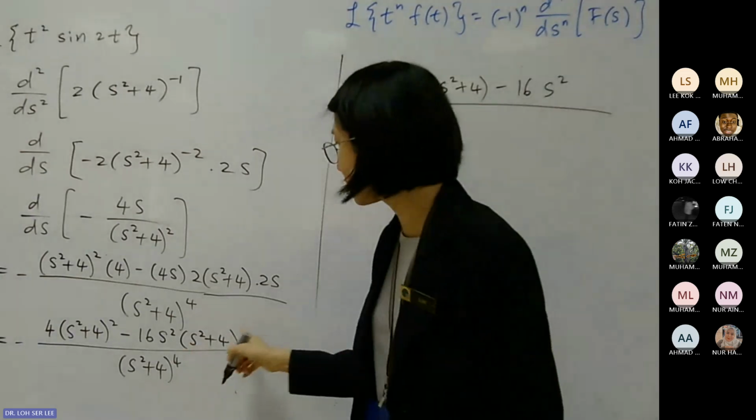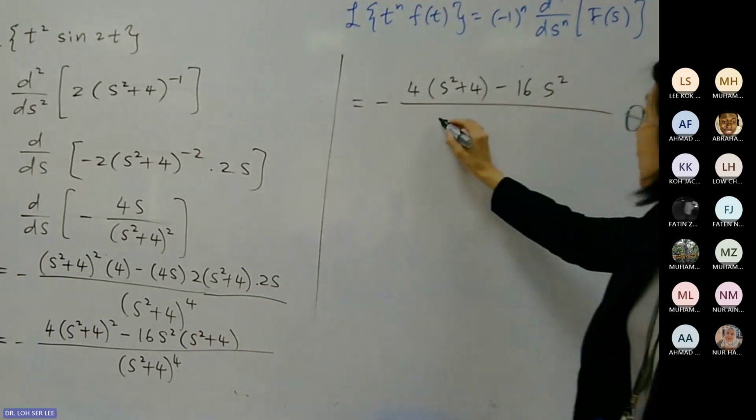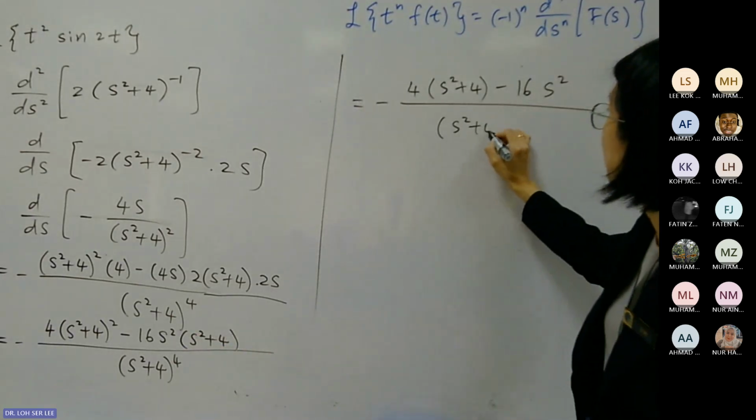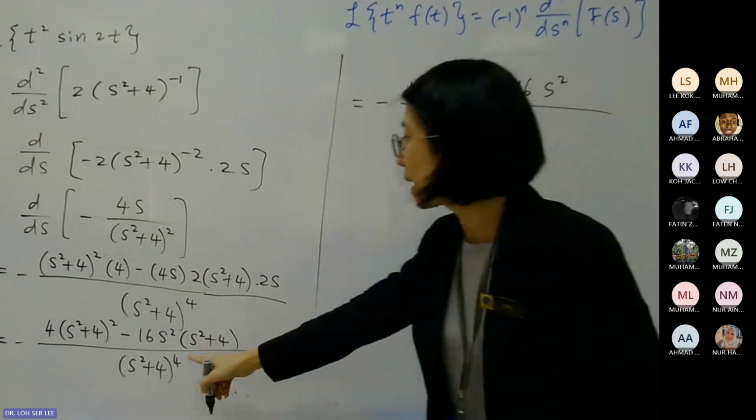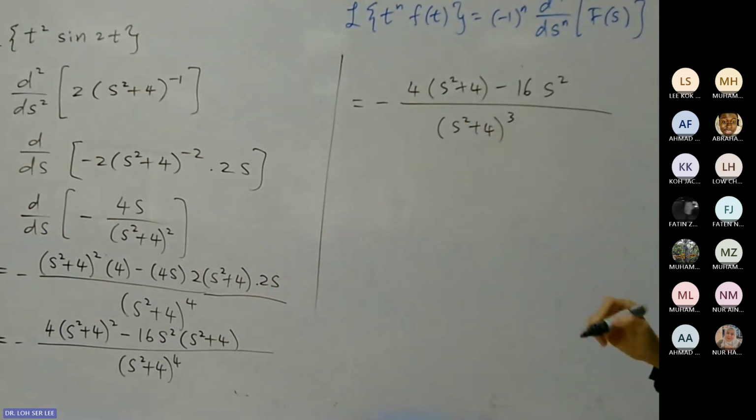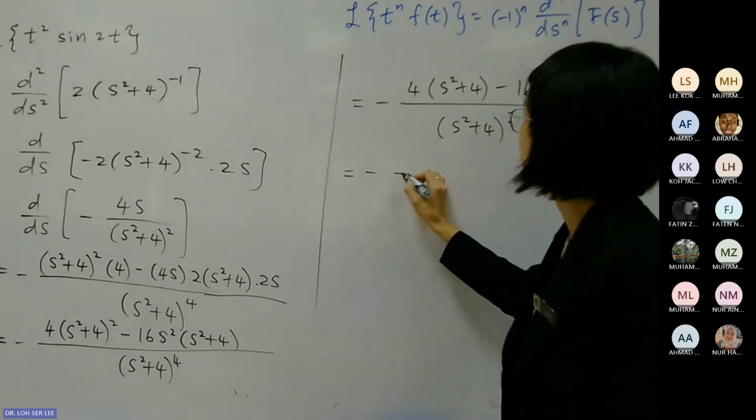At the bottom, cancel out one set, you have power of 3. Then you can simplify.